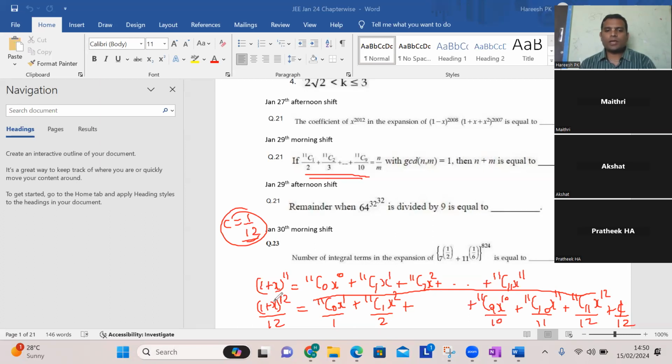Now you put x equal to 1 so that you can get whatever they're asking for. So when I put x as 1, here I'll get 2 power 12 by 12. These are all my required terms. So which are the unnecessary terms? This. So you have to simplify all of them.